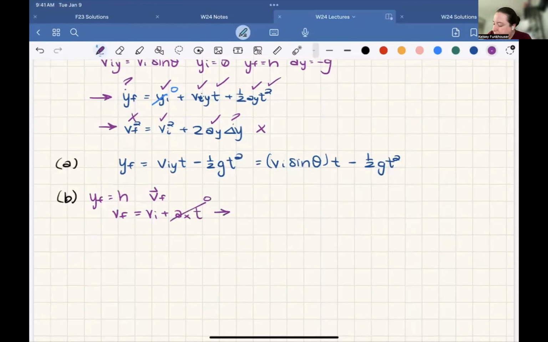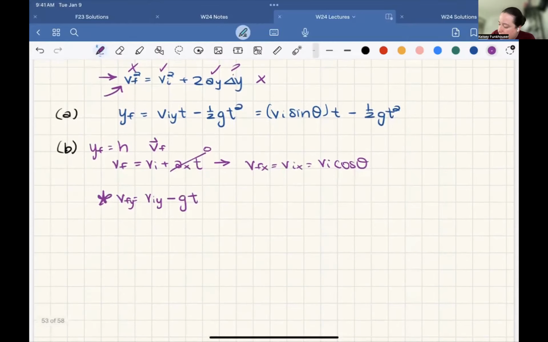So really, the final velocity in x is the initial velocity in x, which is the initial velocity times cosine of the angle. And then we can use the same equation for y, or we can use this equation here. Either one is fine. I'm just going to use the same equation because I was already using it. Maybe I will make this v naught y minus gt. So that is the equation we would use for finding the final velocity in y.